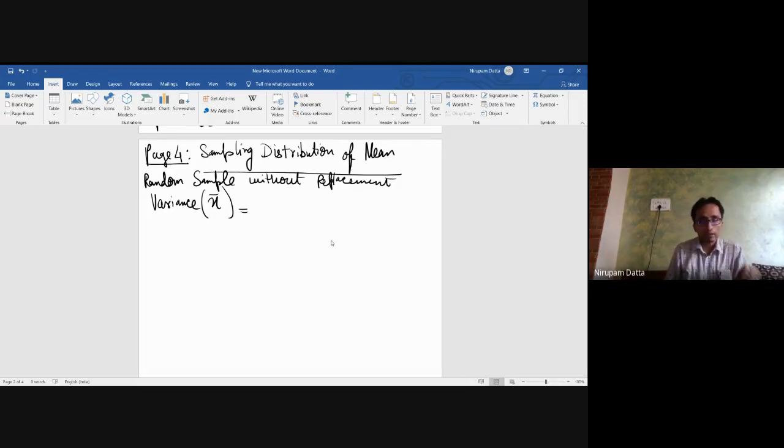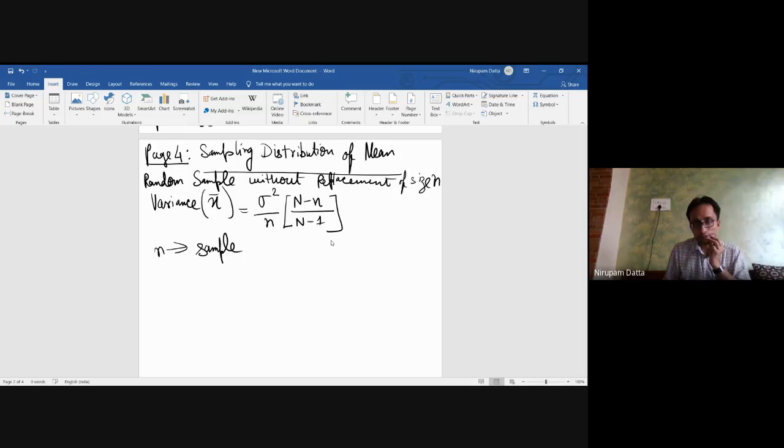Here we are drawing a random sample without replacement of size n from a population of size capital N. In that case, the variance of the sampling distribution of the mean will be given by sigma square by n into (capital N minus small n) by (capital N minus 1), where small n is the sample size.